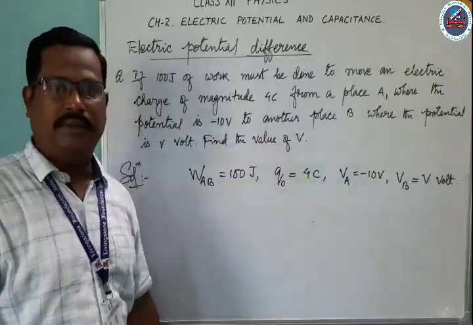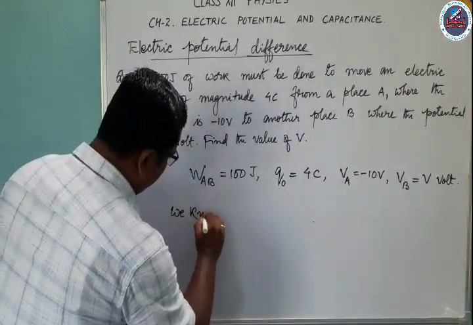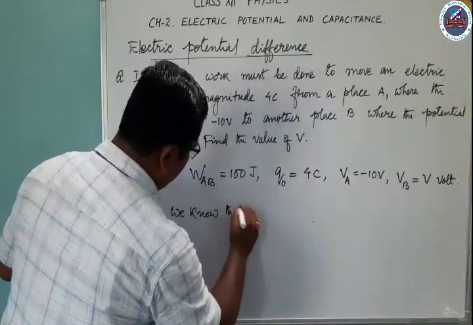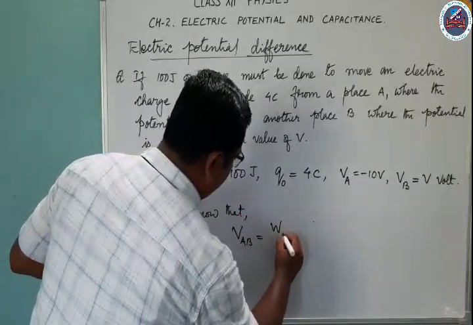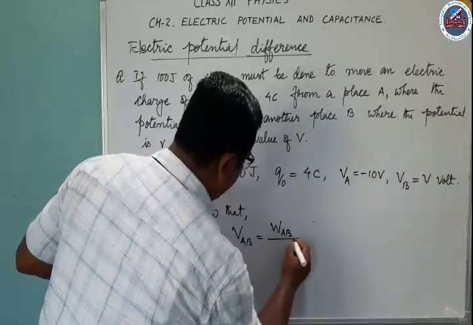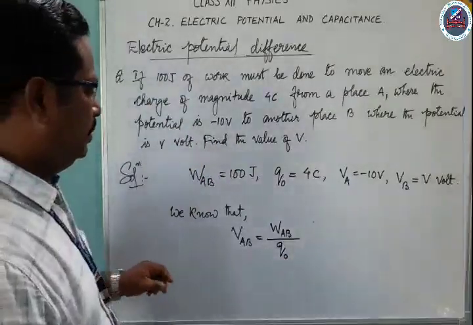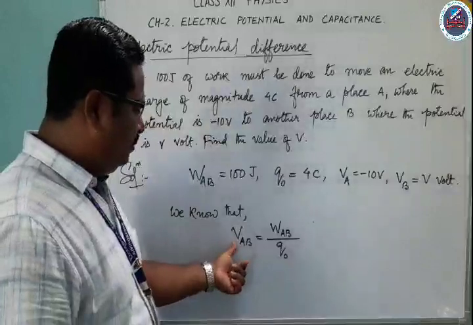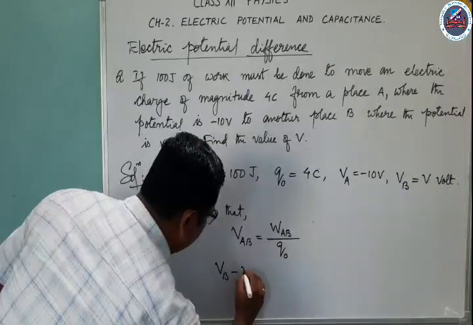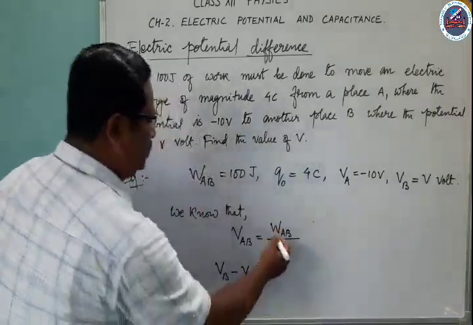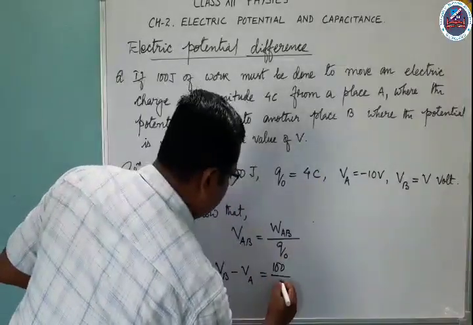What is V? Now if we use the formula, we know that potential V_AB is equal to the work done to move the charge from A to B divided by the unit test charge. Now you know the value of work done. The potential V_AB, as I said earlier, will be final potential minus initial potential, equal to work done. You can put the value, it's 100 joule, divided by the test charge, which is 4.